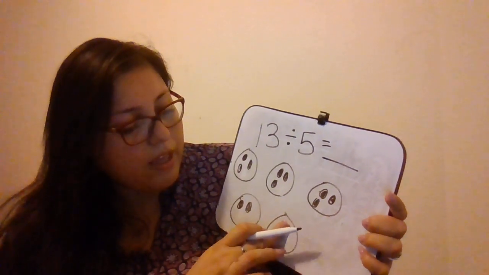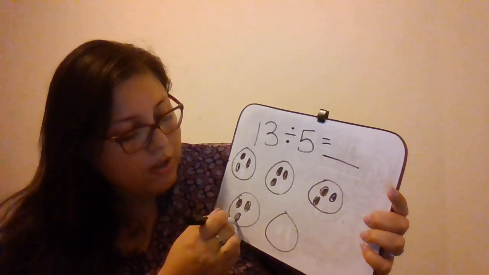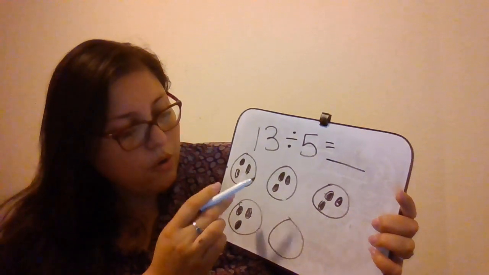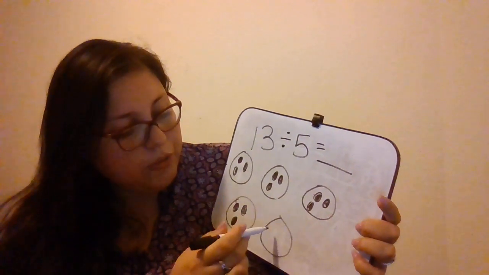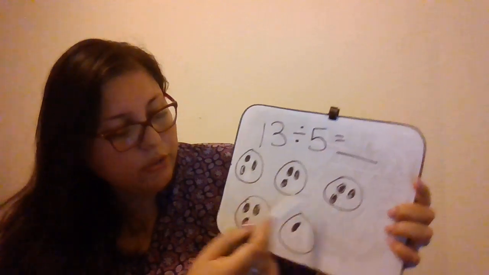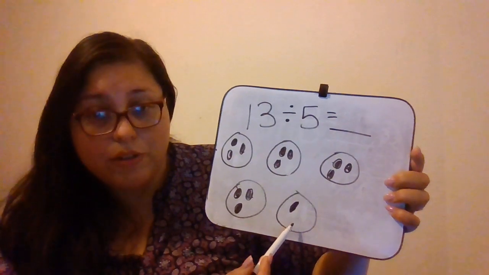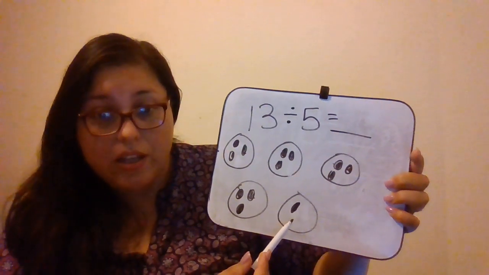So we need to put 1 here. And we need to put 1 here. These have equal groups, 3, 3, 3, 3. But I have one group with just 1.